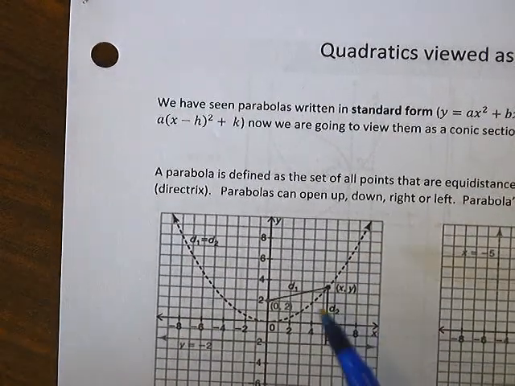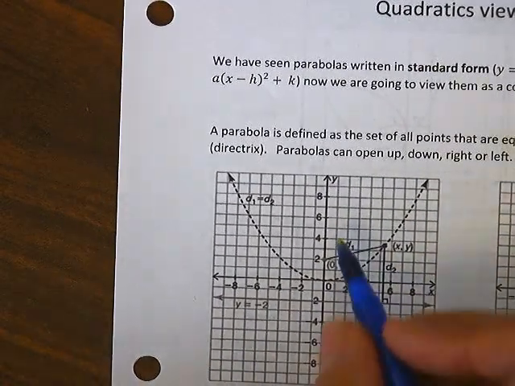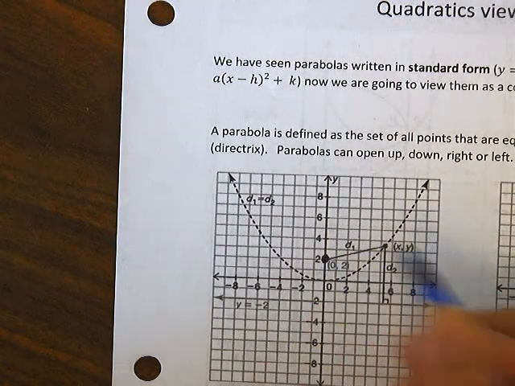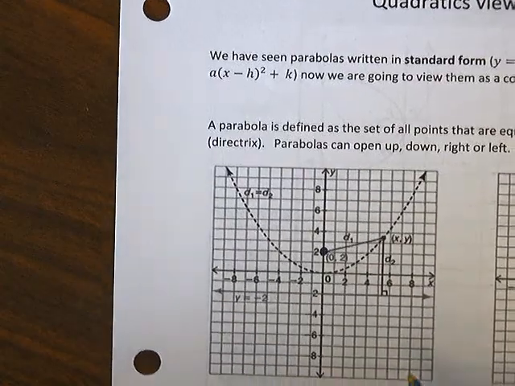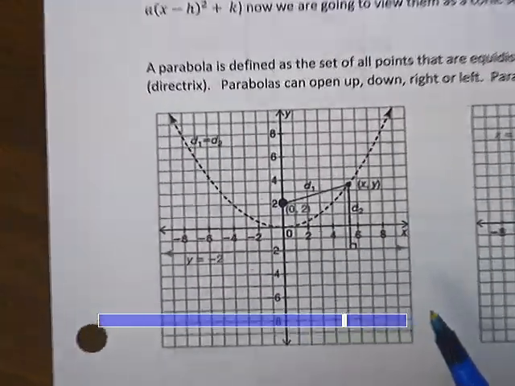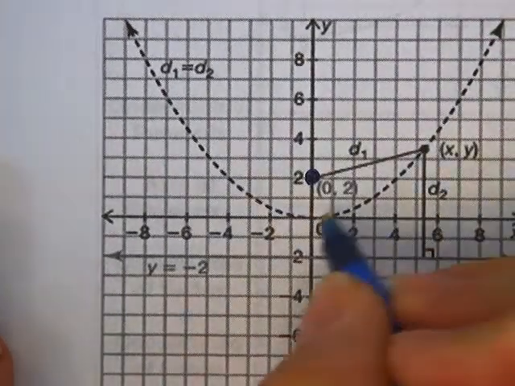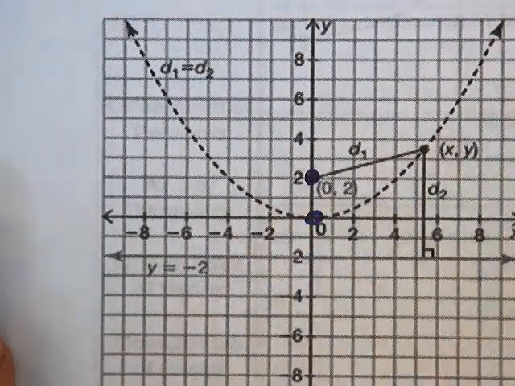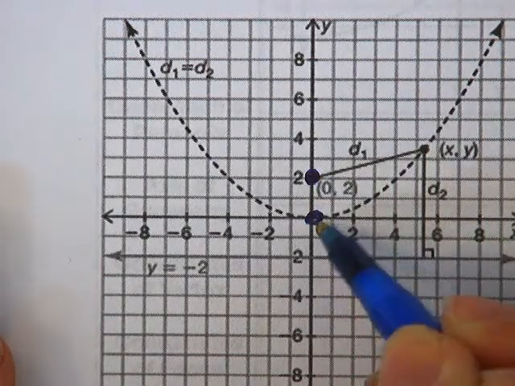And a parabola is defined as the set of points that are equal distance from a given point, which we call the focus, and a line called the directrix. So if we look at this parabola, our vertex is at 0, 0. My focus is at 0, 2.